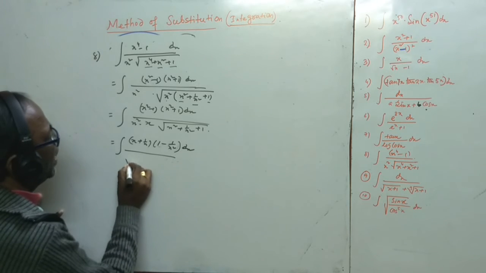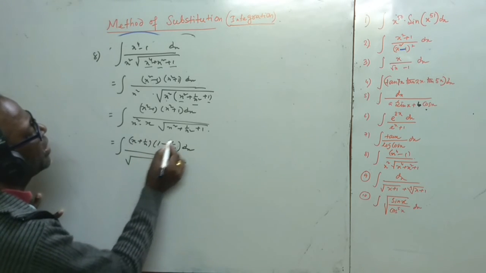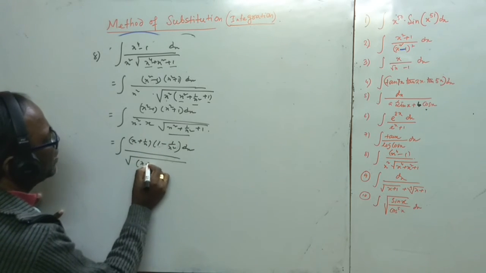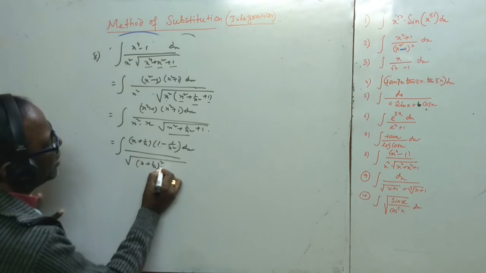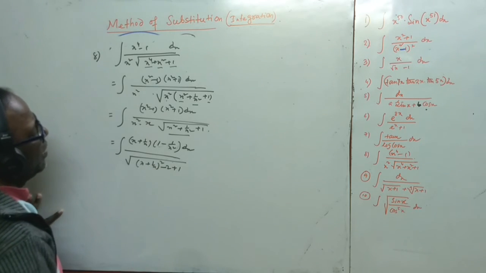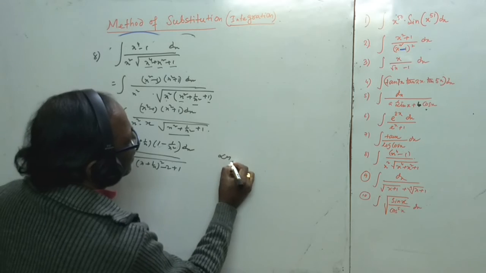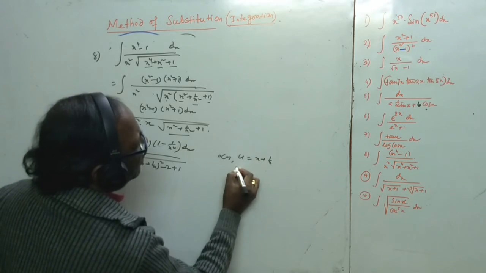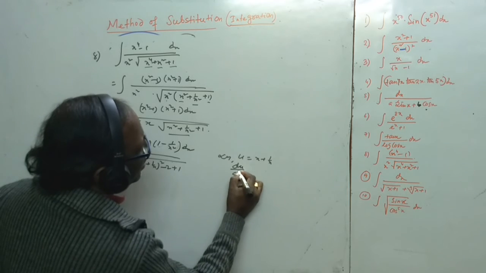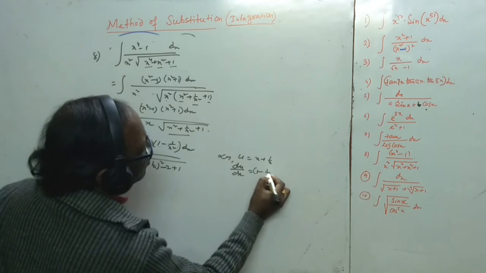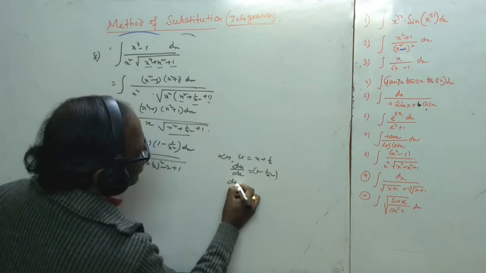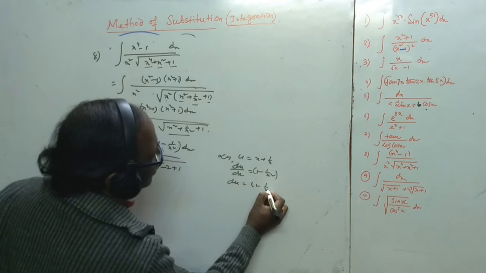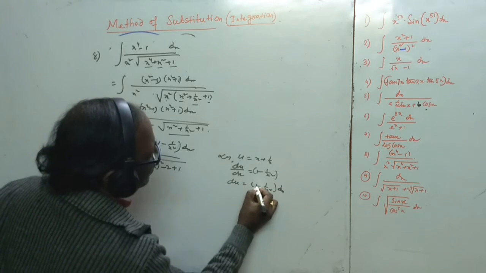And now this is x plus 1 by x, so we can write here x plus 1 by x whole square minus 2 plus 1. Let us assume u is equal to x plus 1 by x and differentiate, du dx here. So 1 minus 1 by x square, du is 1 minus 1 by x square dx.